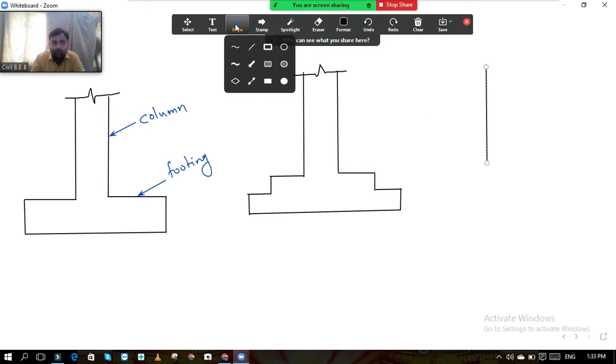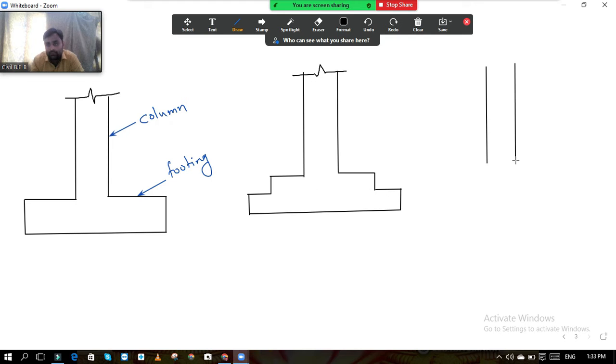Now I will draw that diagram so that you will be able to understand. Here the depth is getting reduced.